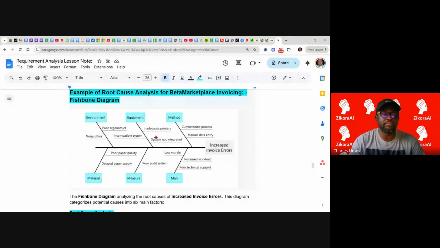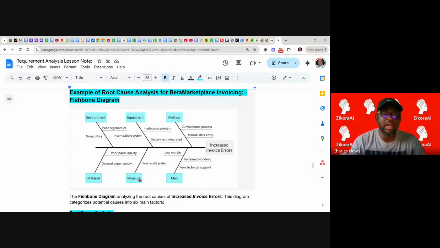It can be from this. Environment, noisy environment, poor ergonomics. All of them can cause it. Material, poor paper quality, delay in paper supply can be the reason.